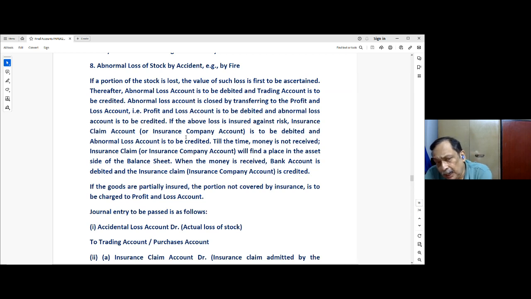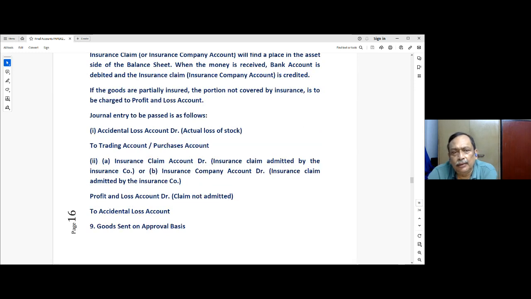Now, it may happen that if the goods are partially insured, the portion not covered by insurance is to be charged to profit and loss account. And for this, we are required to pass a journal entry, and the entry will be accidental loss account debit, that is the actual loss of stock, to trading or purchases account.